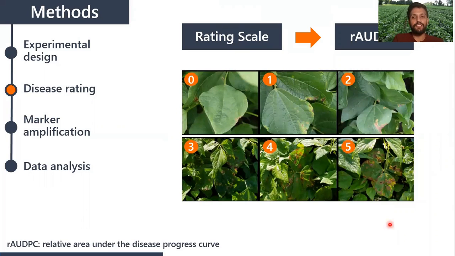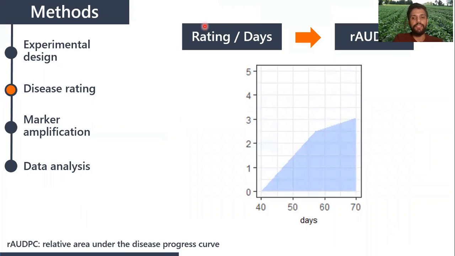This rating scale was converted into the relative area under the disease progress curve. The area under the curve is represented by the blue portion of the chart, and the relative area is basically the blue portion divided by the whole area. And this RAUDPC measure was used to compare disease response across different genotypes.